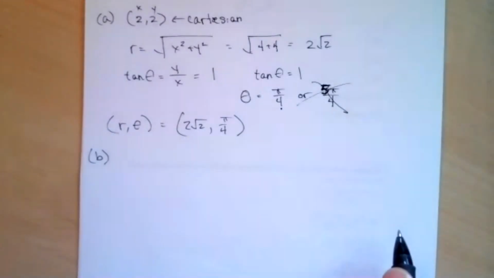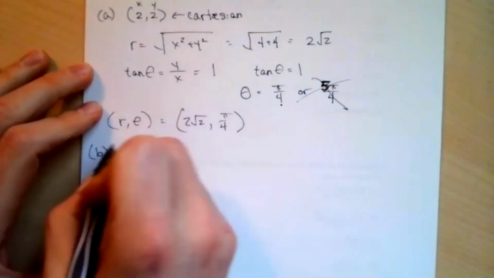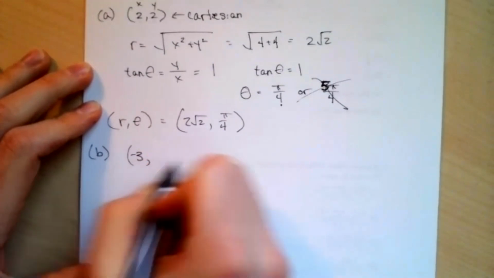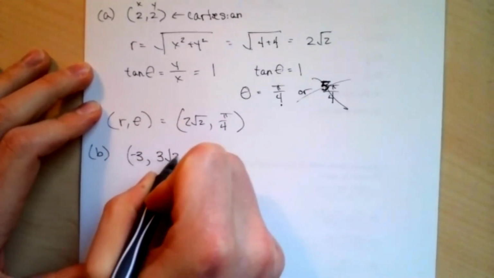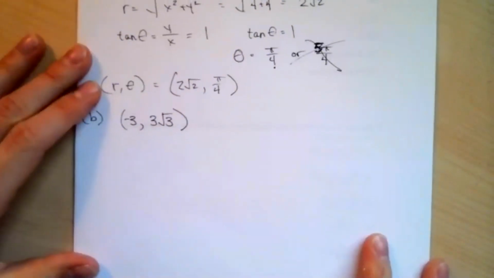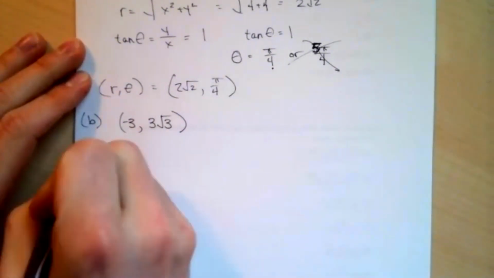So any of the other points, let's try to think of another one. Let's use some other coordinates. Let's say -3 and then 3 square root of 3. So how do we convert this? We want to do something similar.